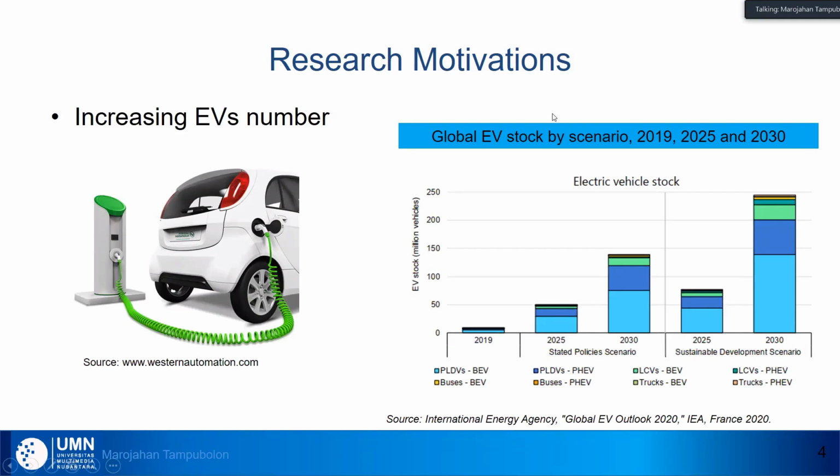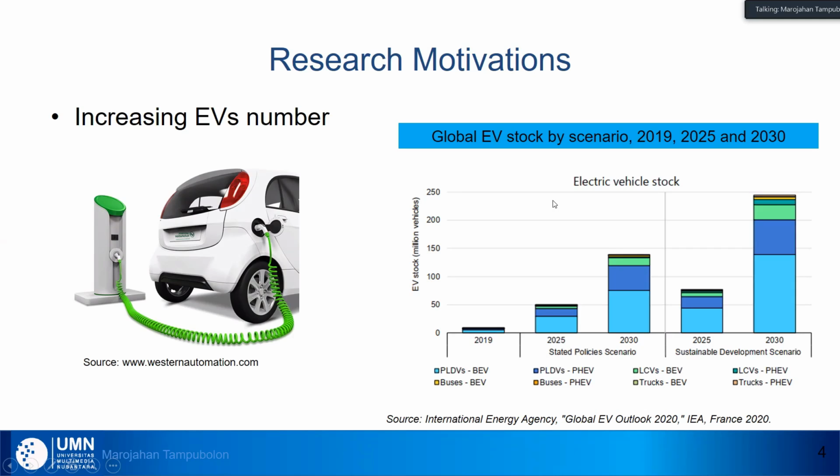Many believe that one way to reduce the effect of climate change is by using electric vehicles, because we can decrease the pollution or the use of fuel-based vehicles, or other non-renewable energy.